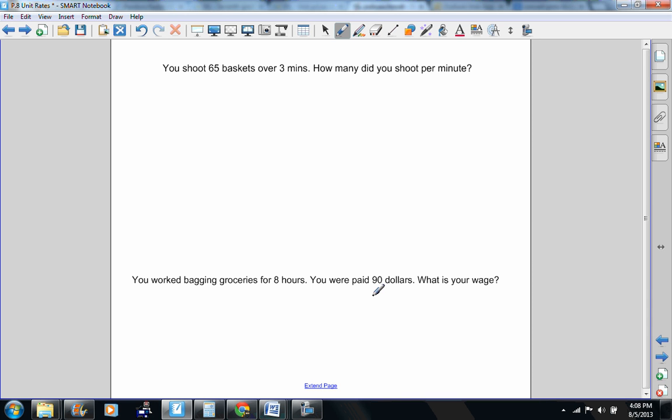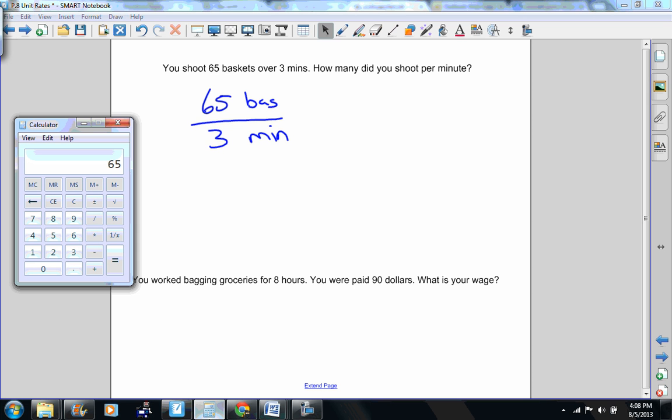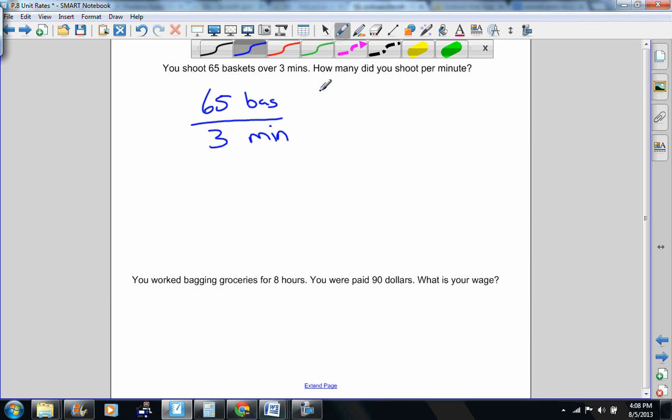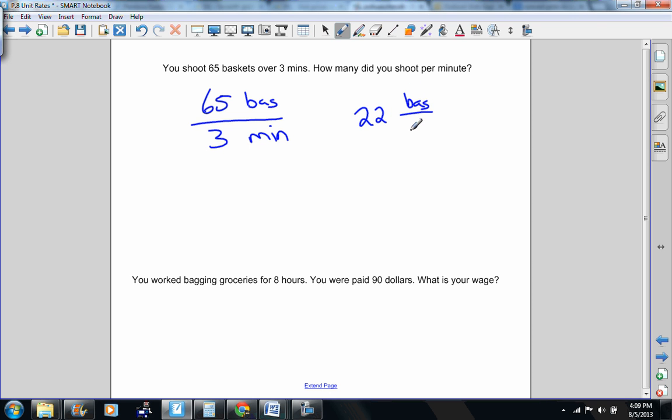So for the top one, I would have done 65 baskets divided by 3 minutes. Which is about 22 baskets per minute. Because I wouldn't say minutes per basket. That doesn't seem right.